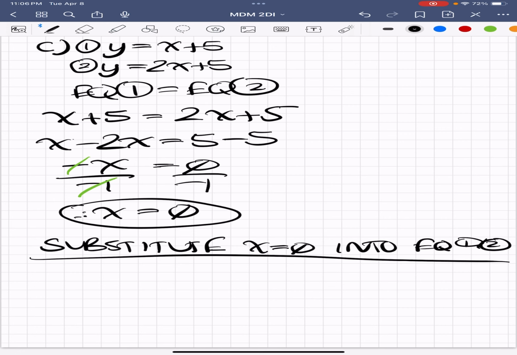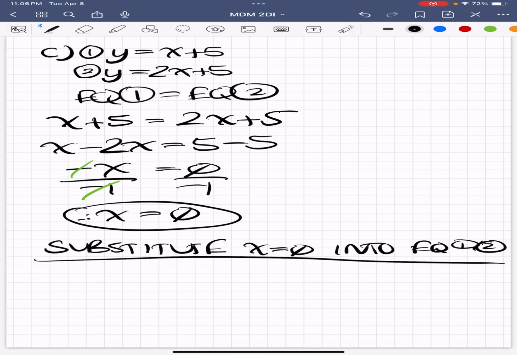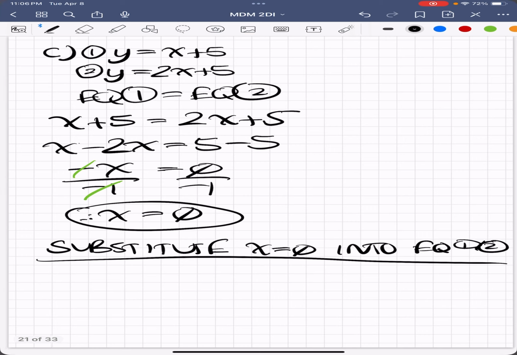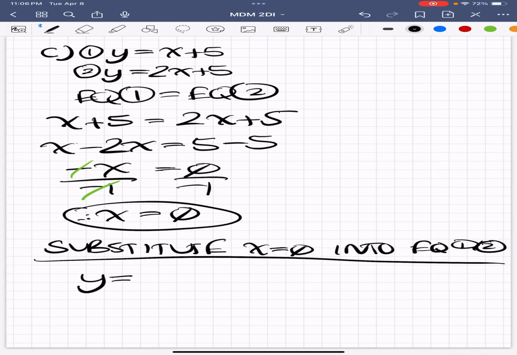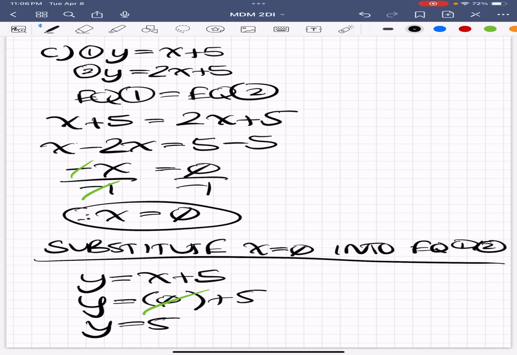And then I'll do a line. So y equals x plus 5, y equals 0 plus 5, I will use green again, the 0 is cancelled out, y equals 5.